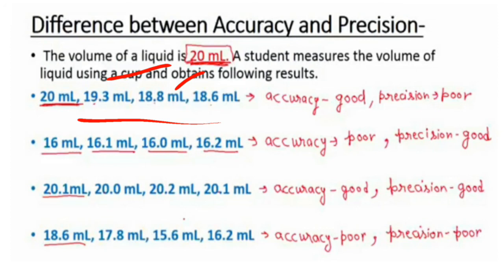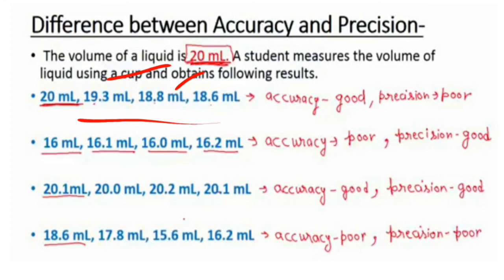But compared to the individual measurements, 20 ml and then 19.3, 18.8 and 18.6, there is a large difference between the readings, so the precision will be very poor. Precision means how close the individual readings are. If the difference between the readings is less, then the precision will be good. Here the difference is large, so precision is poor.